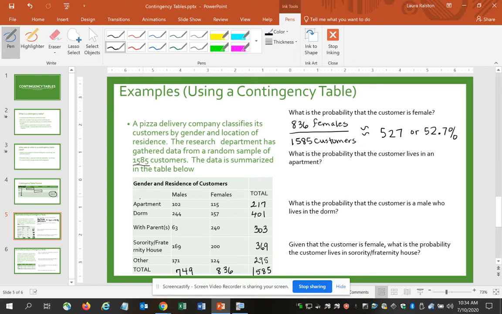So I can come back over here to my table, find the row labeled apartment, and we totaled that, and we had 217 people who lived in an apartment out of the total number of customers, which was 1585.